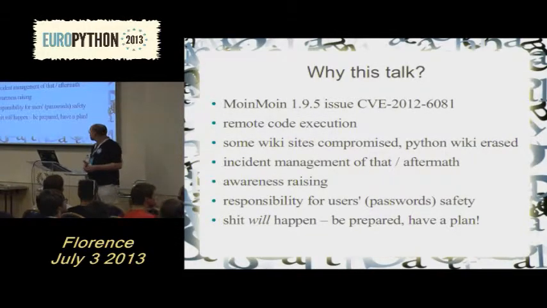So the consequence was that some wiki sites got compromised. Maybe you heard from it, Python wiki was completely erased. There was no data left on the server. So it all had to get restored from search engine index backups, kind of.